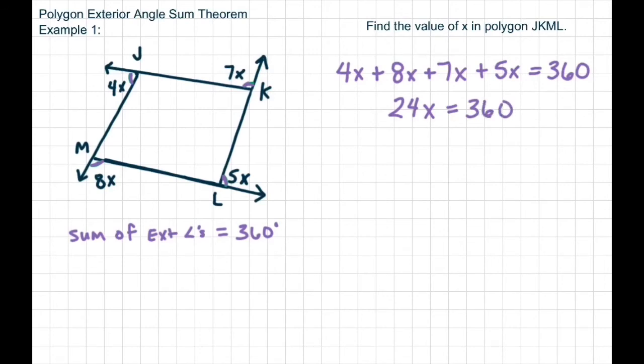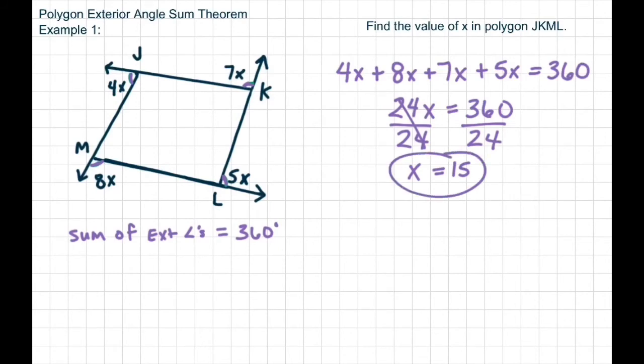Since 24 is being multiplied by x, I want x by itself, so I do the opposite and divide by 24 on both sides. Then x will be equal to 15. And that's the end.